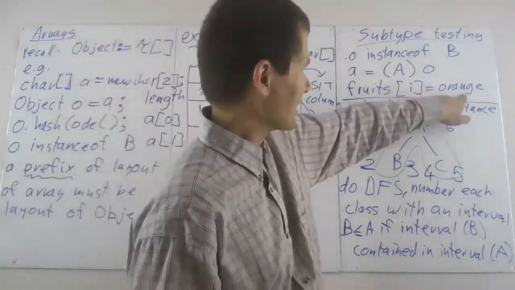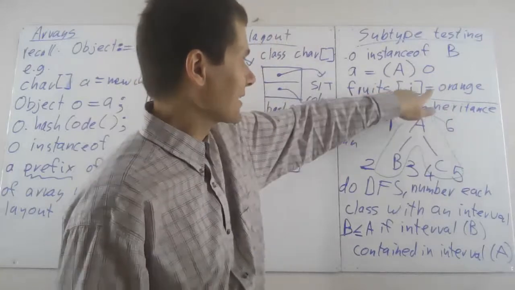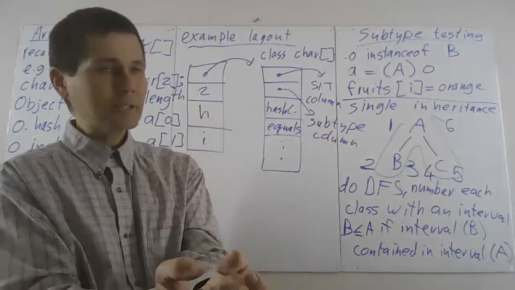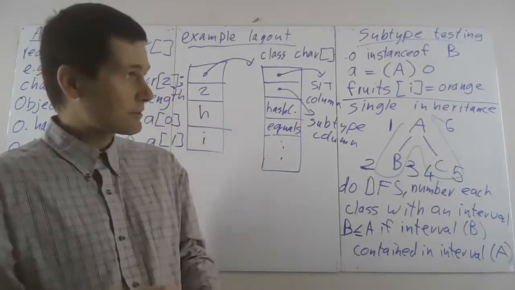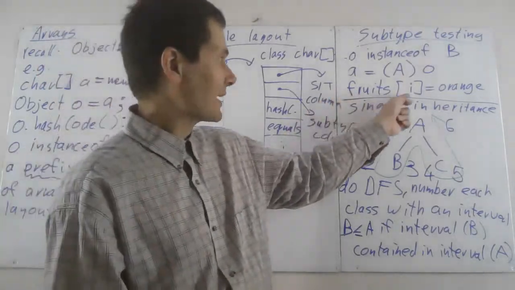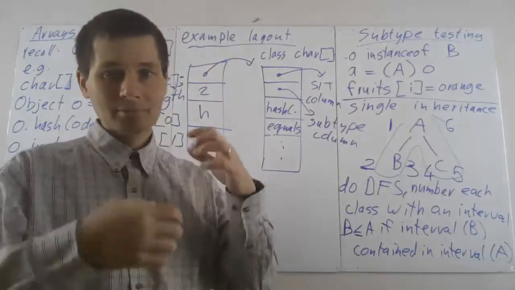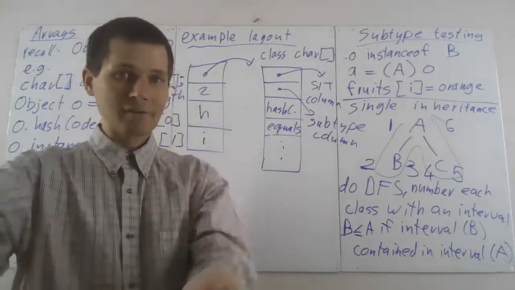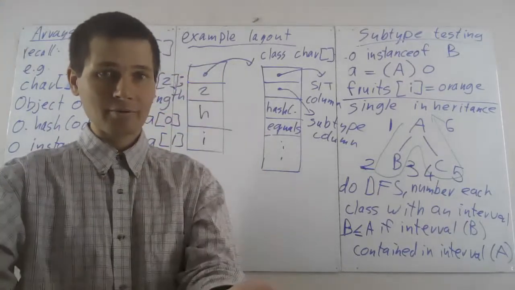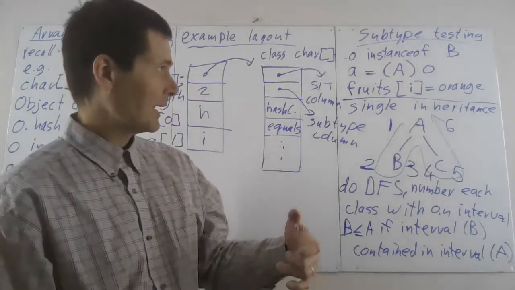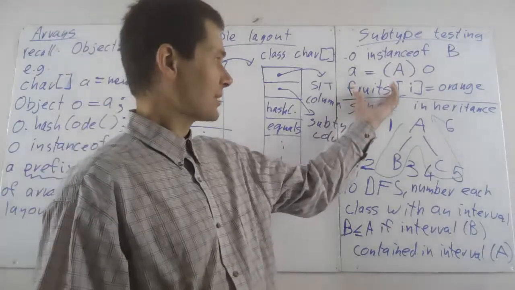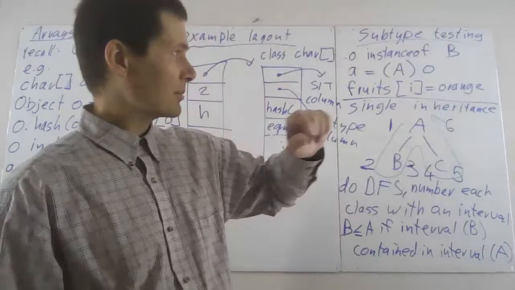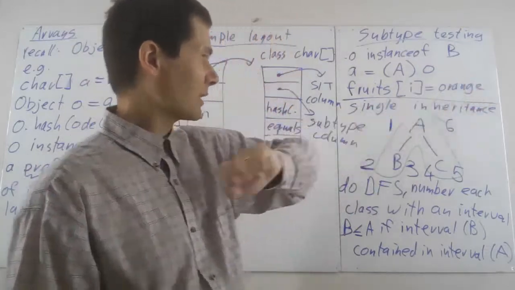So I'm assigning an orange, and statically I know that it's an array of fruits. I need the generated code to be able to look at that fruit array and to be able to tell, is it an array of apples? Is it an array of oranges? Or is it an array of fruits? And use that information about the element type of the array to do the appropriate type test.